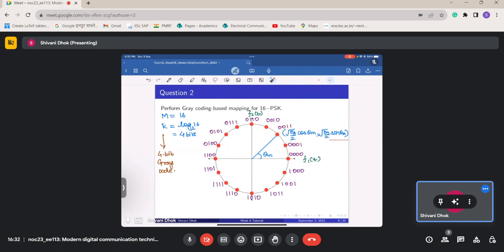Similarly, if we look at these two, they are varying only at these locations. Similarly, you can look for any two, those are varying by only one bit location. So this is the Gray coding for 16 PSK. Any question?